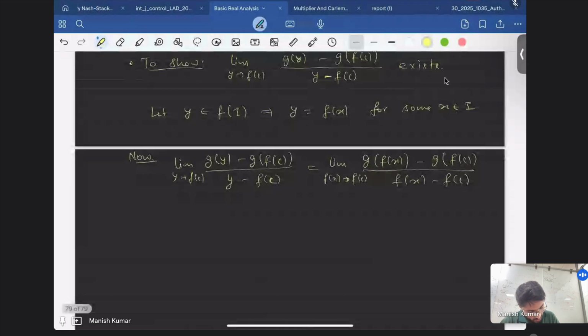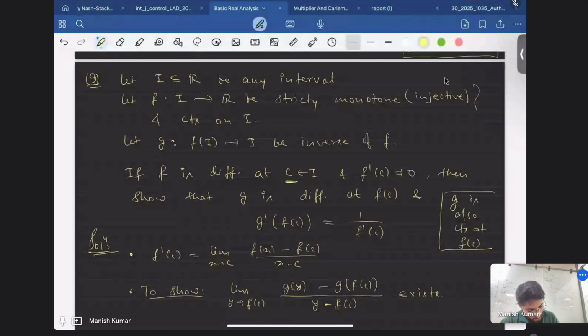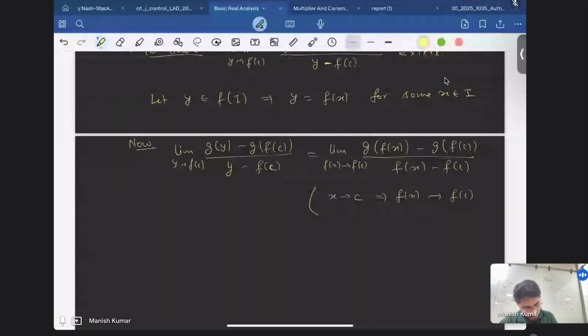Now I need the converse also, because I want to remove this limit and use the fact that f prime c exists, I mean this derivative exists. So f of x converges to f of c implies that g of f of x converges to g of f of c, right? Let me write one more line over here just to be clear.